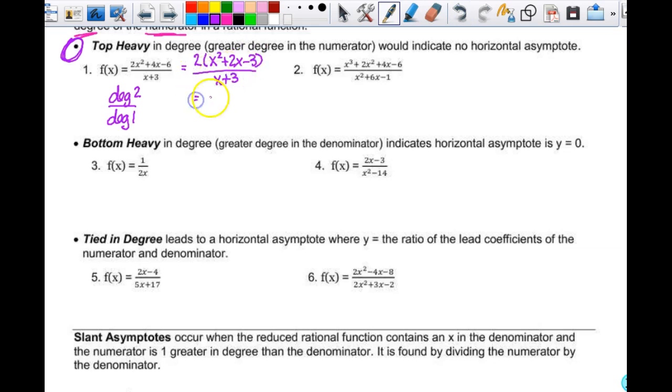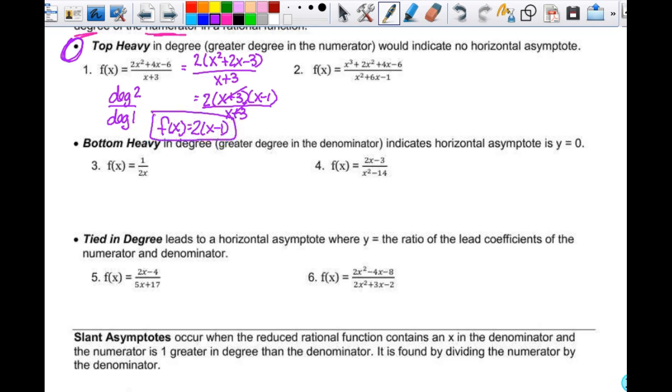Can I factor that some more? Yes, this factors into x plus 3 times x minus 1, right? All over x plus 3. Can I reduce this? Yes. So that cancels out. So f of x is just equal to 2 times x minus 1.